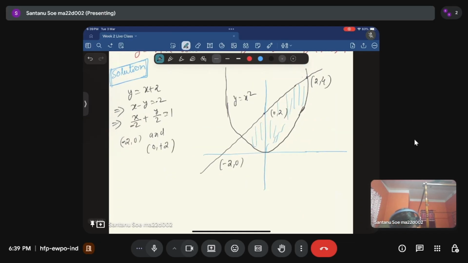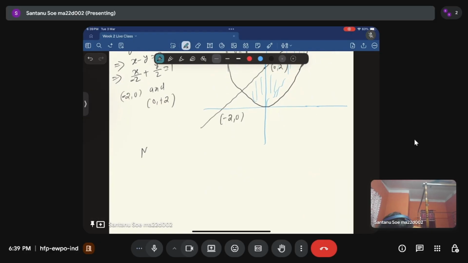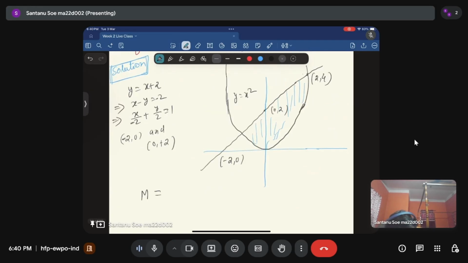Okay, so m is given by... now before that we have to find out this point.